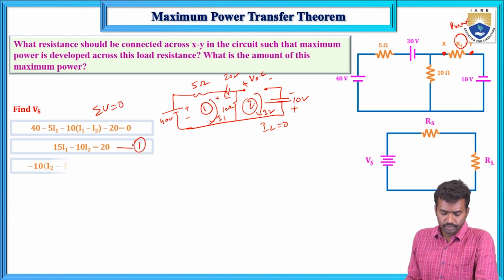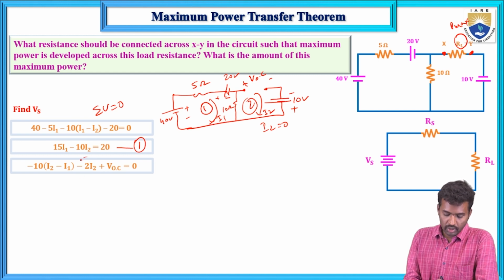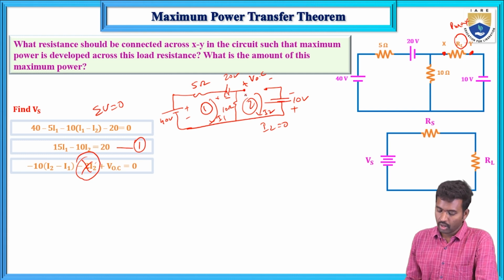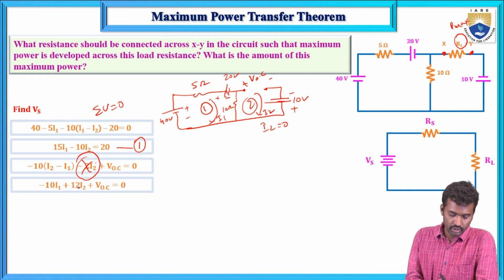And next, minus 10 (I2 minus I1), and there is no 2 I2 term since there is no 2 ohm resistive drop here, plus VOC equals 0. Simplifying, we get 10 I1 plus VOC equals 0, equation number 2.